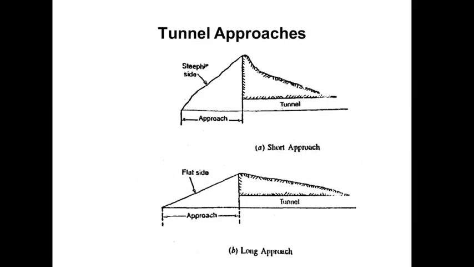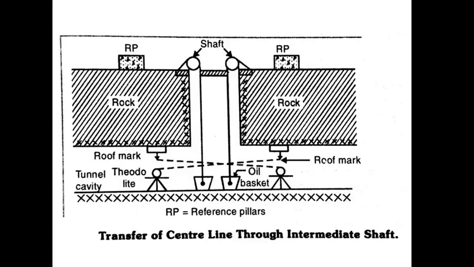Tunnel approaches, long approach, short approach. Transfer of center line through the intermediate shaft. This is a method in which we can transfer the center line of the tunnel through the intermediate shaft.